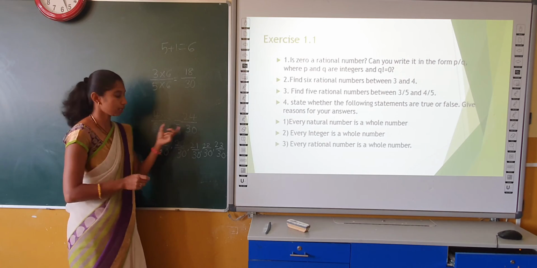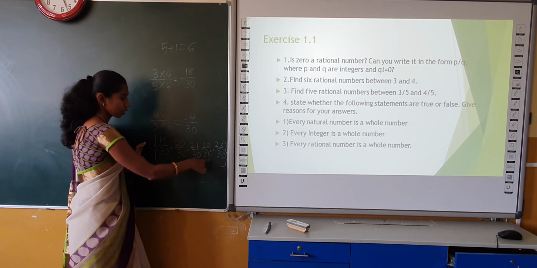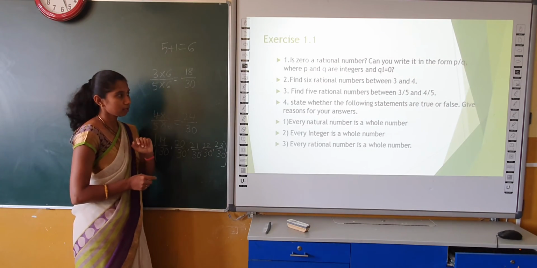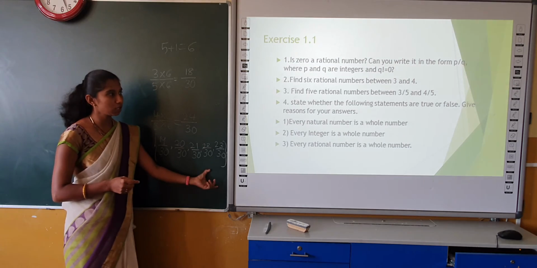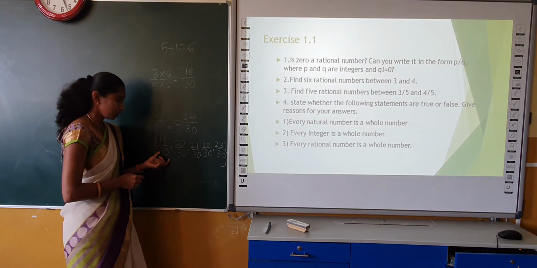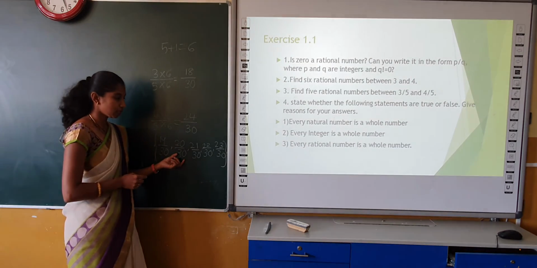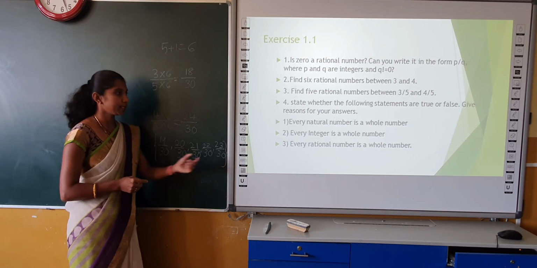So how many numbers did you get? They are asking for 5 rational numbers only. So the 5 rational numbers between 3 by 5 and 4 by 5 are 19 by 30, 20 by 30, 21 by 30, 22 by 30, 23 by 30.